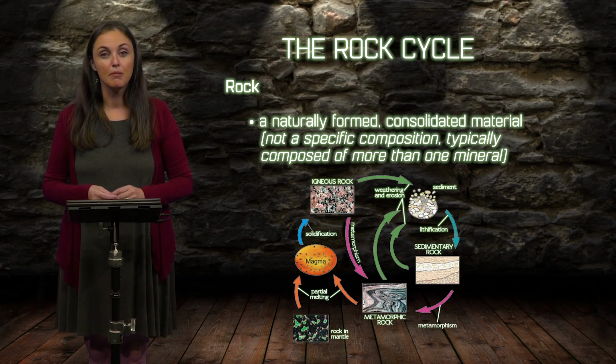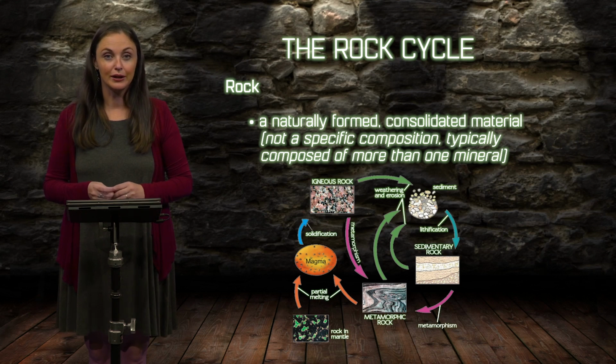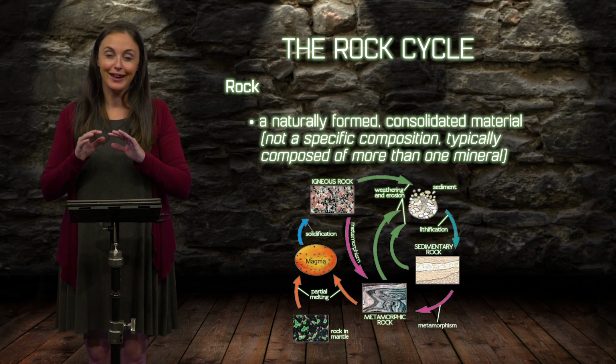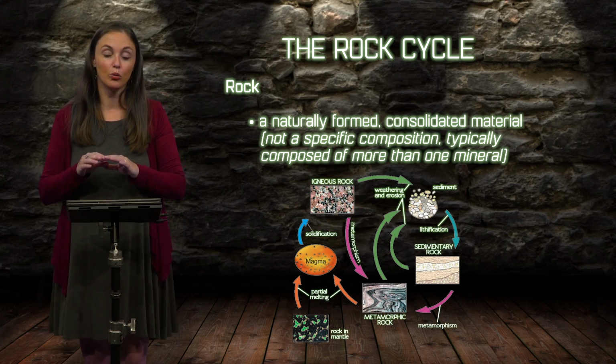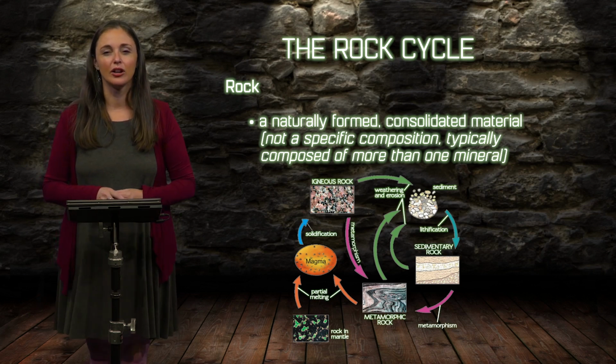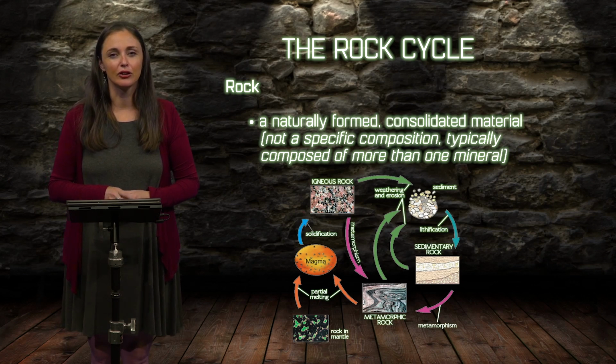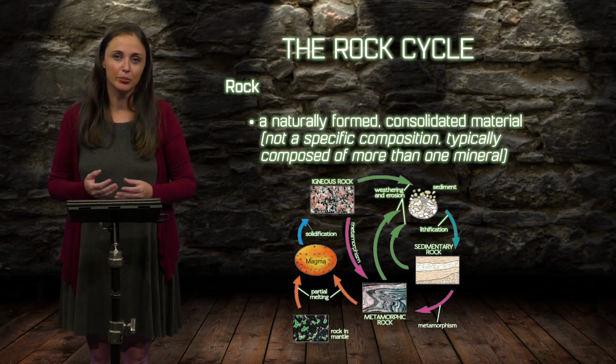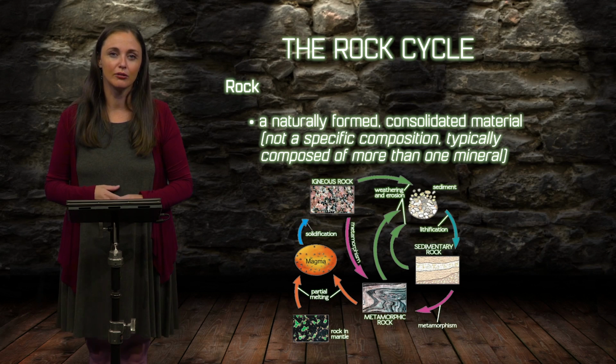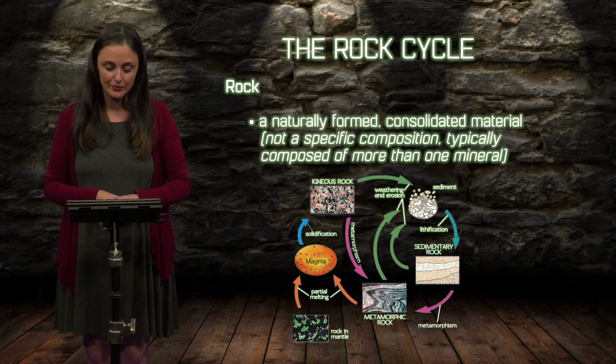And most of these rocks are going to be composed of more than one mineral, although some can be based on just the one mineral. There's a sedimentary rock that we're going to talk about later called rock salt, and that's a pretty good example of a rock that's only really formed from one mineral specifically.